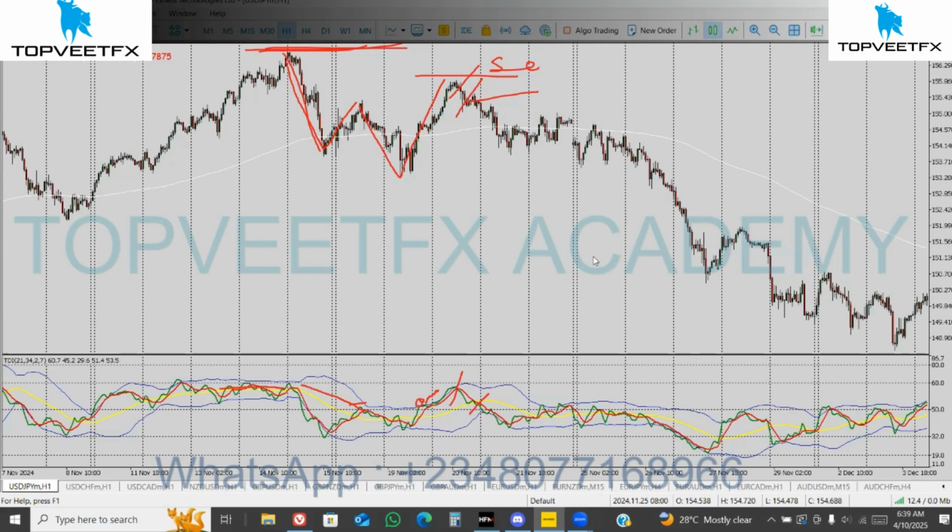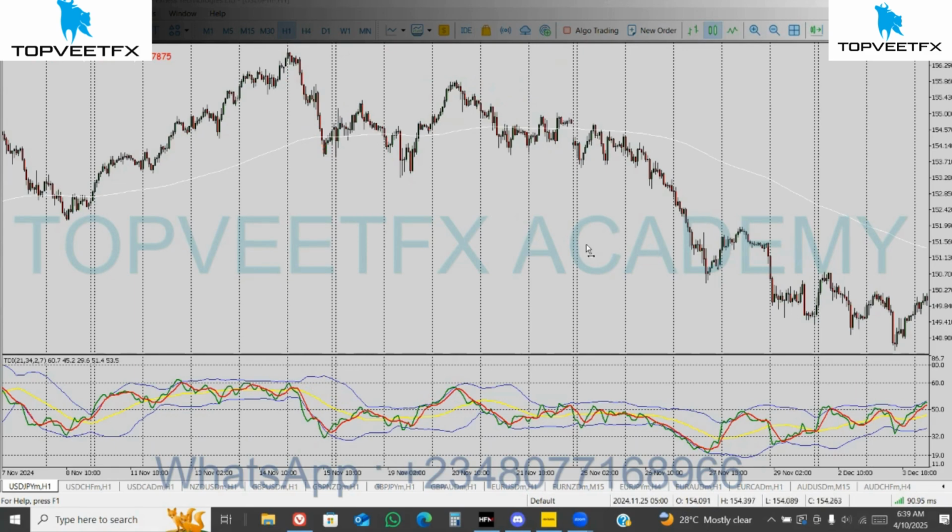One single trade is enough for you to get what you are looking for in the market for the week. And I think this is all I have for you. Just go and backtest perfectly well and see how it works for you.